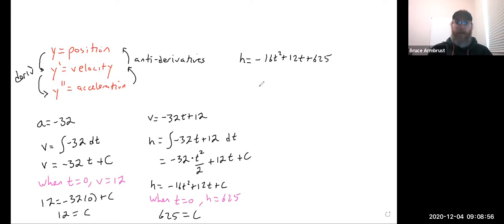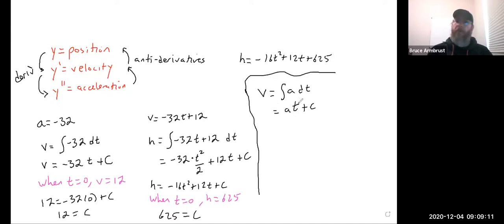And so if we just called that A, let's just generalize this, then V is going to be the integral of A, which is going to be AT plus C. And remember that C over here came from the 12. That was our initial velocity. And so what we could do is be really generic and write that as V equals AT plus V naught.